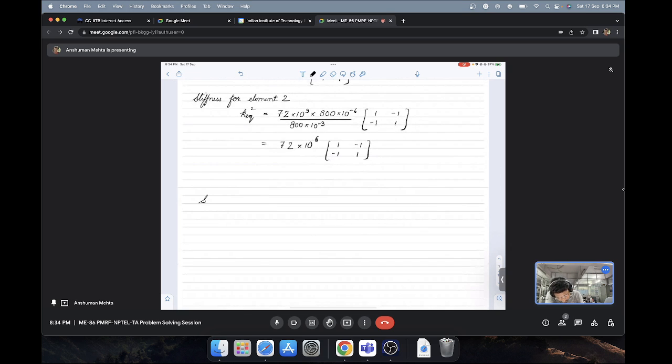You'll find the stiffness for element 3.